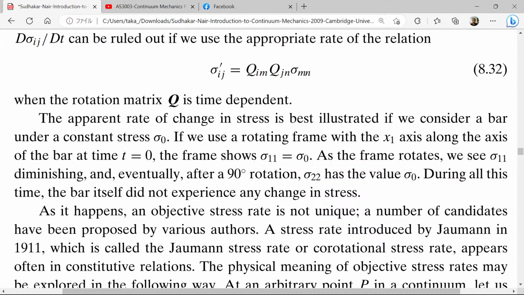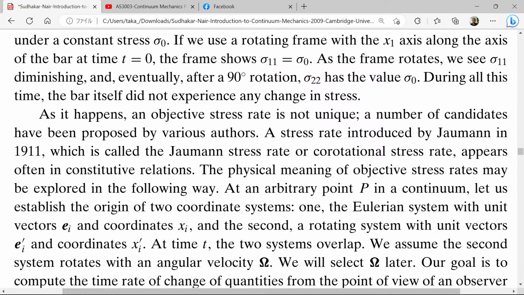If we use a rotating frame with the x1 axis along the axis of the bar at time t equals 0, the frame shows sigma 11 equals sigma 0. As the frame rotates, we see sigma 11 diminishing, and eventually, after 90-degree rotation, sigma 22 has the value sigma 0. During all this time, the bar itself did not experience any change in stress.